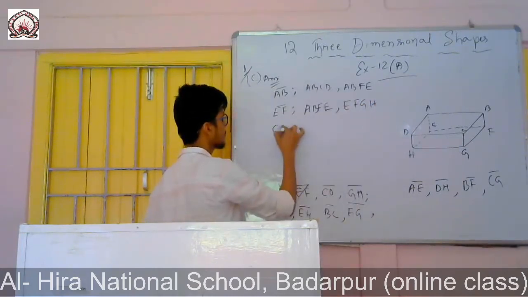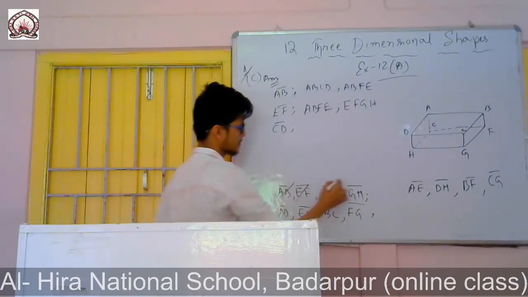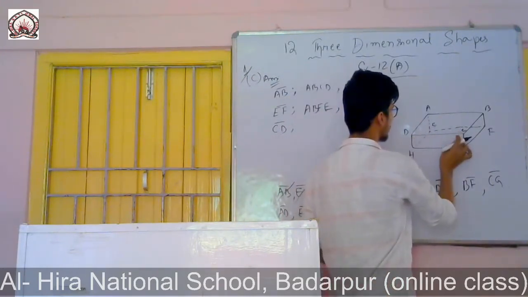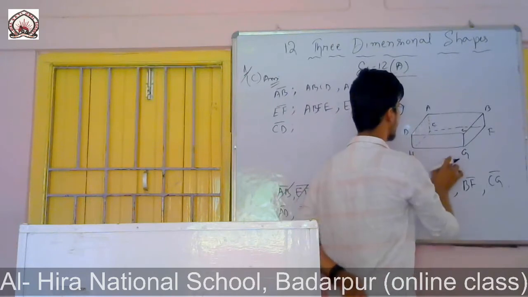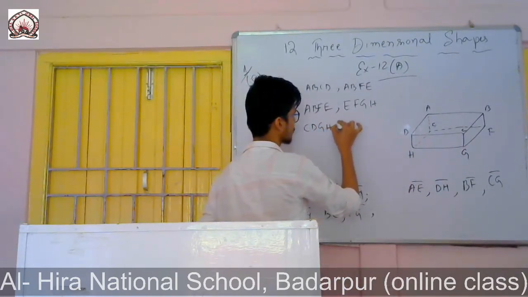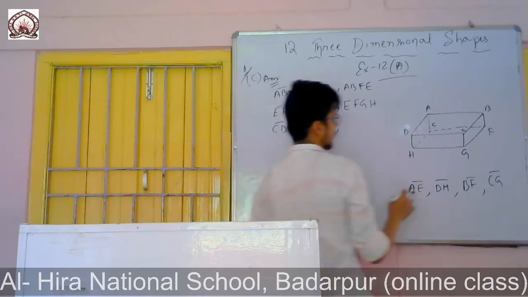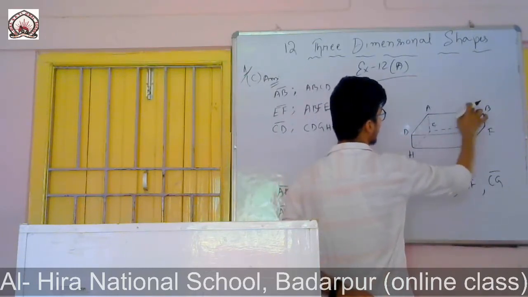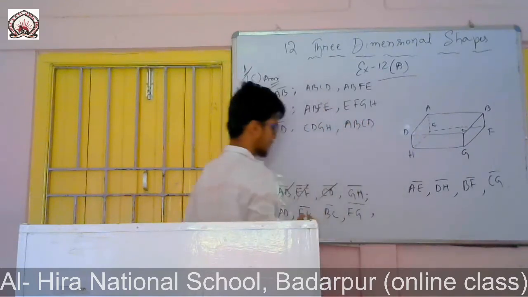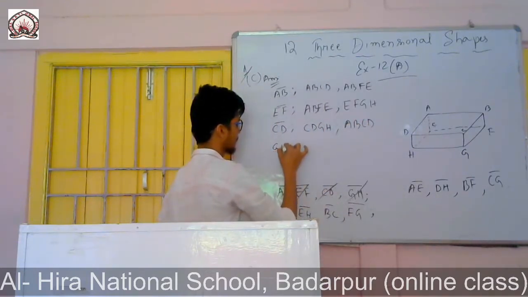Then CD. Now you see CD where? With CD, this face CDGH, and this face ABCD. Then comes GH.